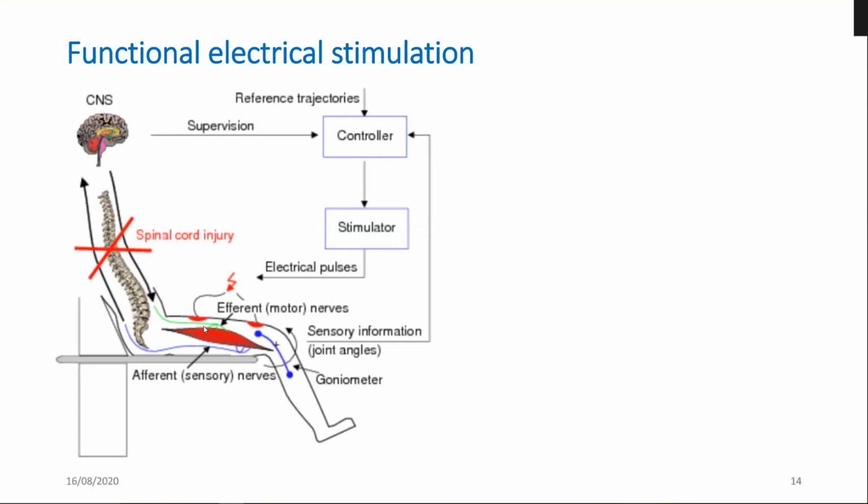So we need to understand the pattern of electrical signals being sent from the brain to the muscles. If we can understand that, then we can create a stimulator that produces electrical pulses to control the muscles. And then a person with spinal cord injury can still walk with the help of this device, right?